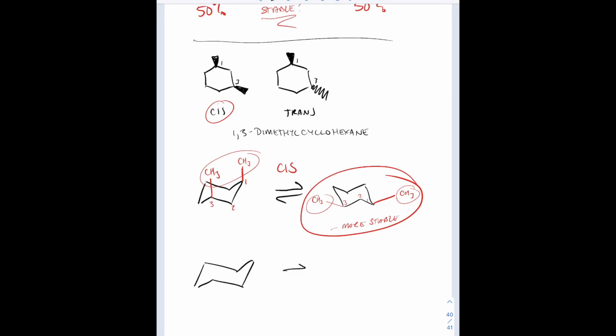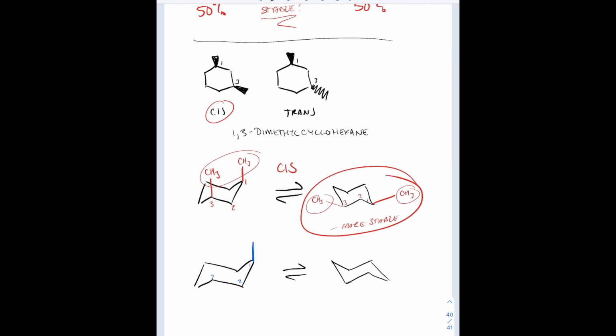So boom, boom, and let's see. I gotta think about this one again. And there we go. Let's go red. Let's go blue, just cause. All right, y'all. Where do I want to put my methyl?